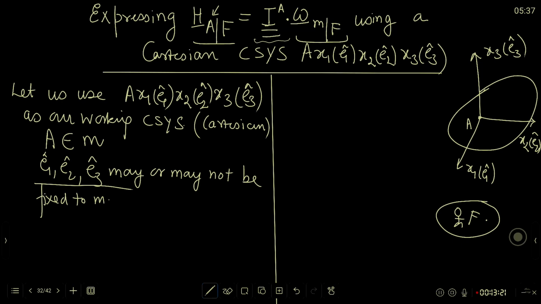Okay. Now suppose the vector HAF is written in this coordinate system.